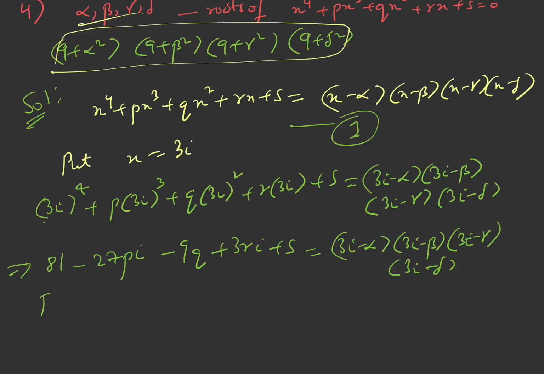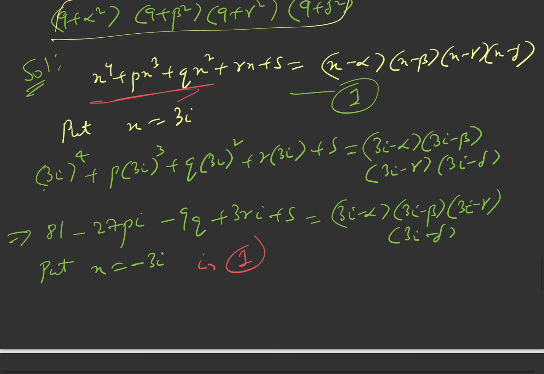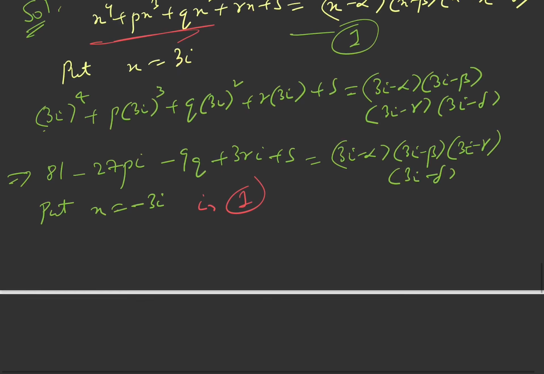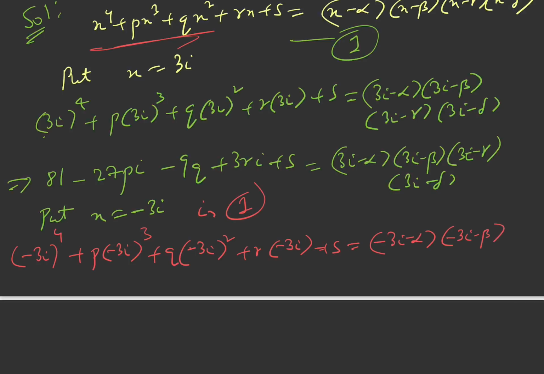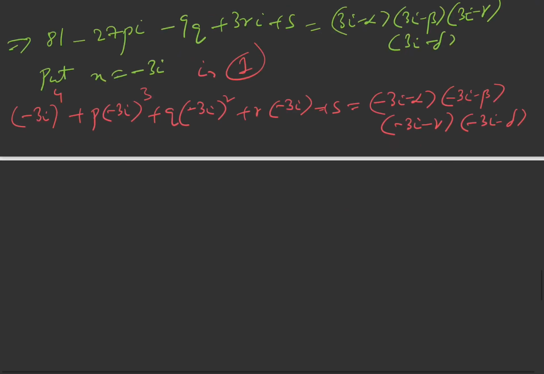Now in this equation 1, put x is equal to minus 3 iota. So if you put x is equal to minus 3 iota, you will get minus 3 iota whole power 4 plus p into minus 3 iota whole cube plus q into minus 3 iota whole square plus r into minus 3 iota plus s is equal to minus 3 iota minus alpha, minus 3 iota minus beta, minus 3 iota minus gamma and minus 3 iota minus delta.